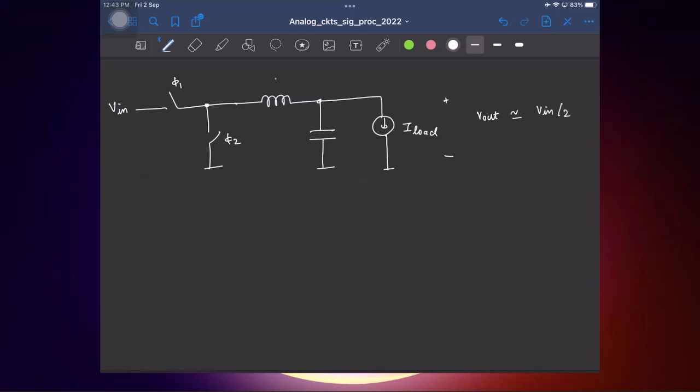And let's sketch the waveforms. We know that the inductor current is 1 by L integral vL of t dt, where I will define the current in this direction and the voltage with this polarity. Now when phi 1 is on, what is the inductor voltage VL?